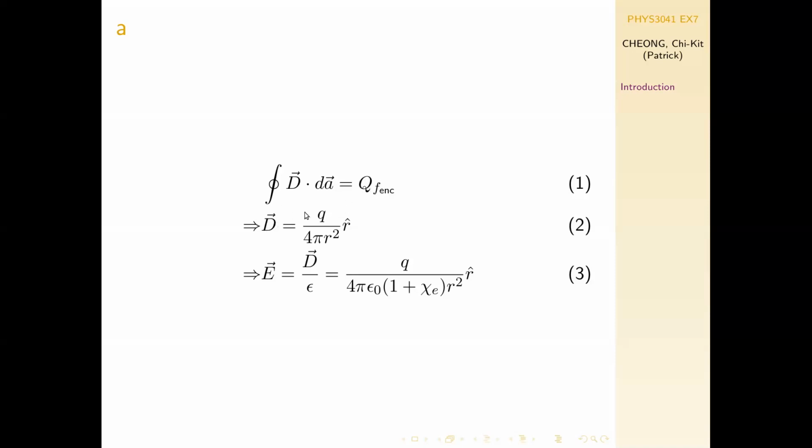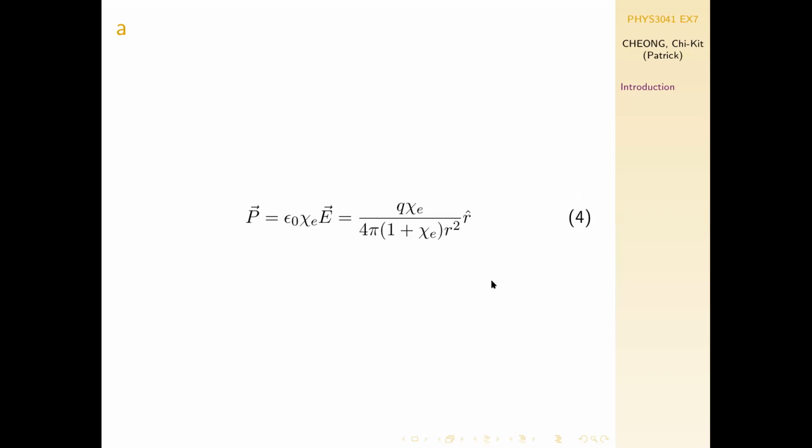So D will obviously equal Q over 4 pi r squared times the unit vector r hat. From the definition of the displacement field, we can reduce D into the electric field E simply by multiplying by 1 over epsilon. So here we reach equation 3. This is the electric field.